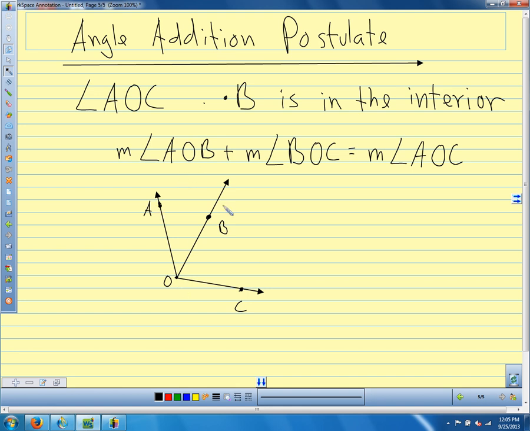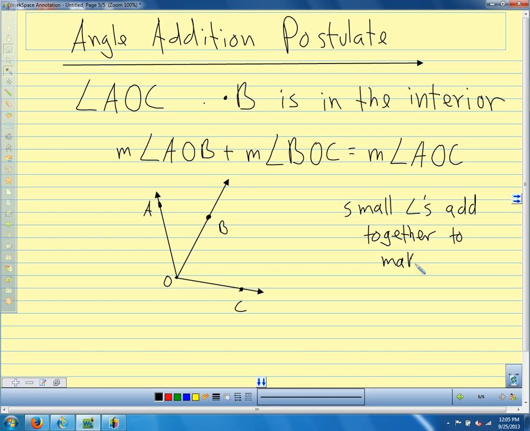Angle AOB plus angle BOC equals angle AOC. The two small parts add together to make the big part. So the small angles, I'm going to write it this way, add together to make the big angle.